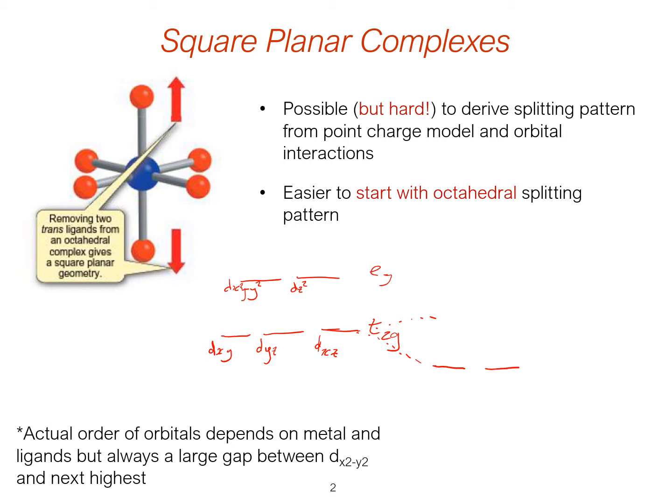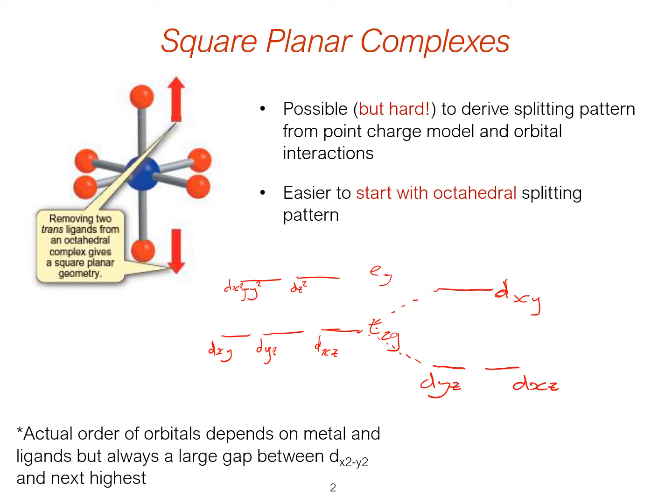These are stabilized, so they go to a lower energy, and the dxy therefore has to go to a higher energy to make up for that. The total energy of the orbitals has to stay the same. The one without a z component isn't stabilized, therefore it's destabilized, and the dxy ends up there.